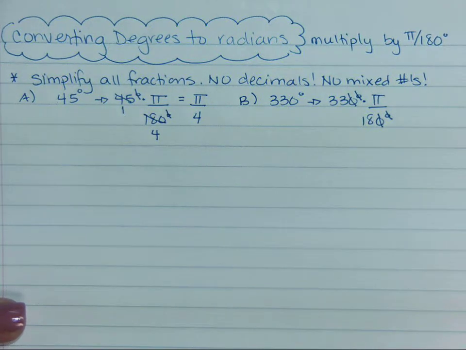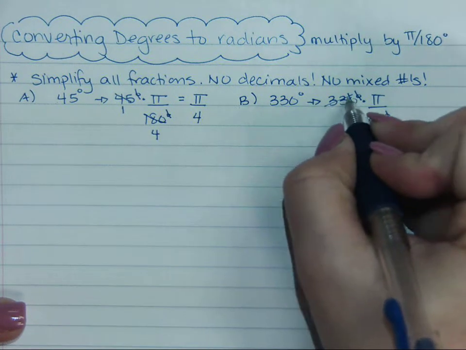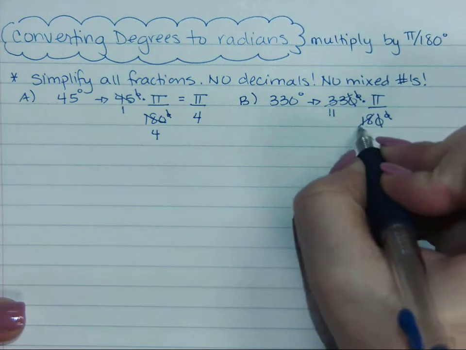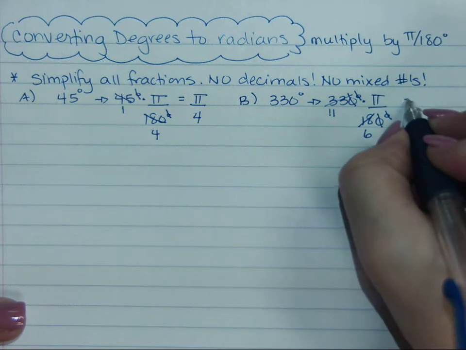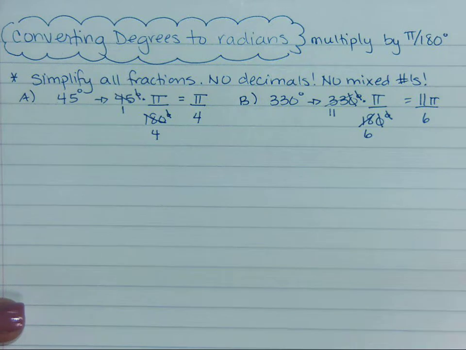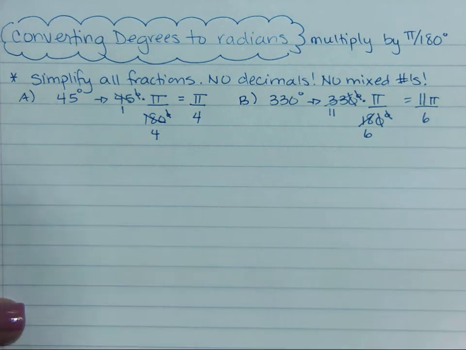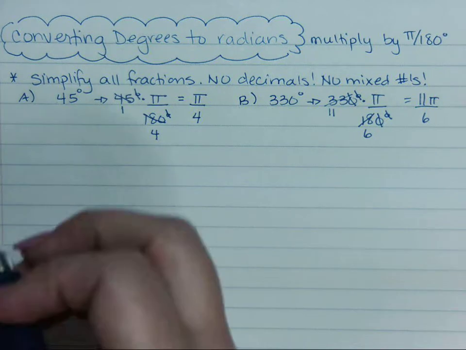Then I look at 33 and 18 and recognize that I can divide both by 3. If I divide that by 3 and this by 3, I'm left with 11 pi divided by 6. And so this degree measurement is this radian measurement.